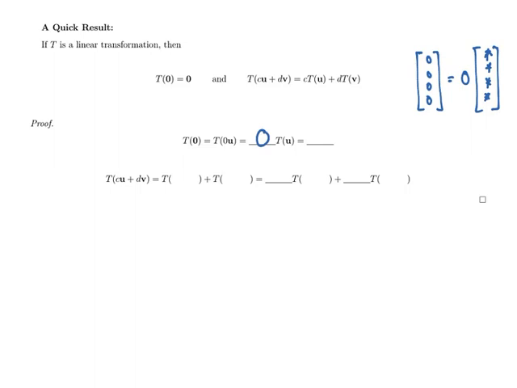This time 0 is just a number, and therefore 0 times T of u will give us the 0 vector. Note that this is the 0 vector in Rn, and this is the 0 vector in Rm. So they might have different sizes, but it's just a vector of all zeros.